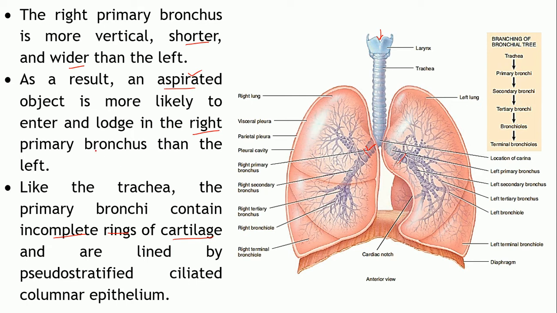As we have seen with the trachea, it also comprises incomplete rings of cartilage, which are in the shape of a C. Similar cartilages are present in the primary bronchi as well, and these are lined by pseudo-stratified ciliated columnar epithelium.